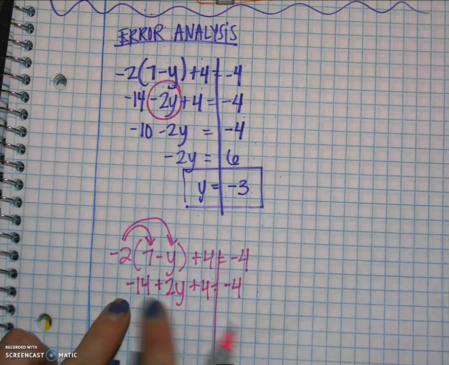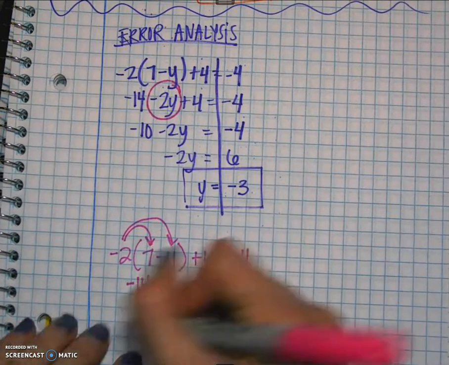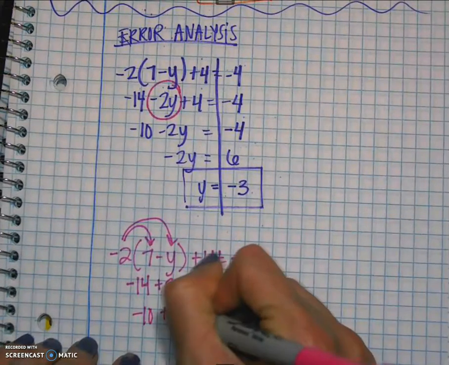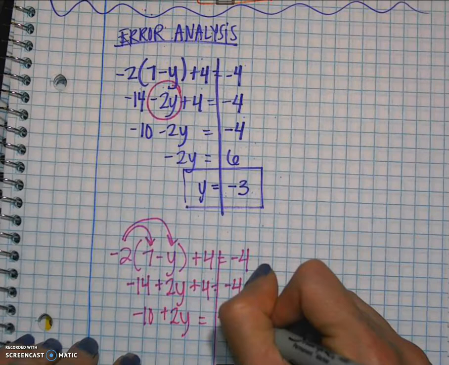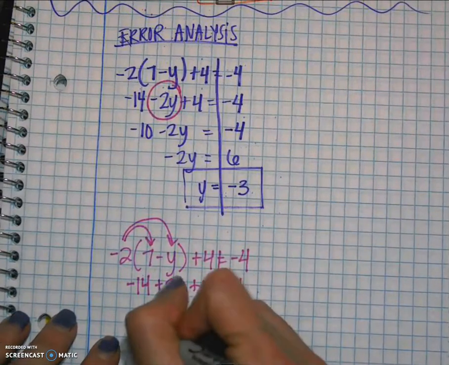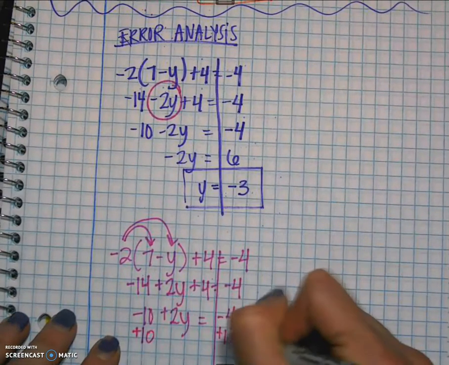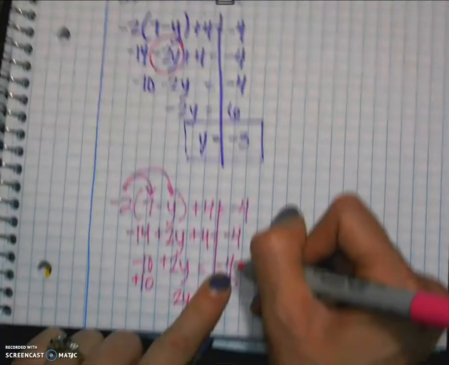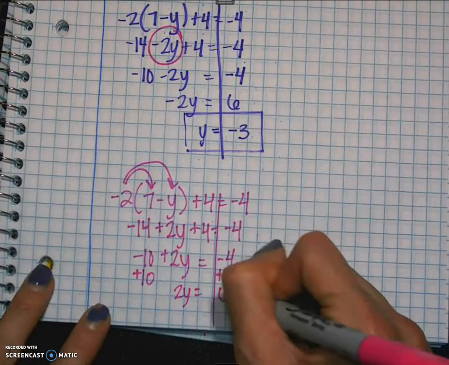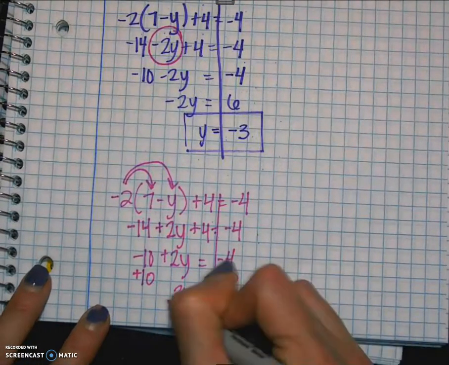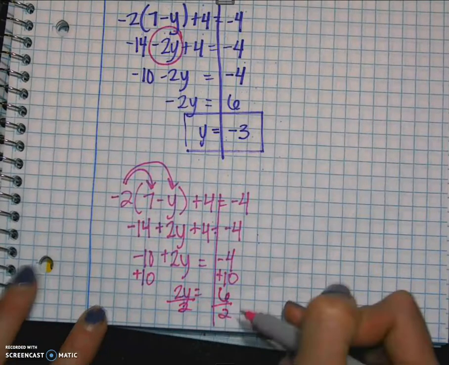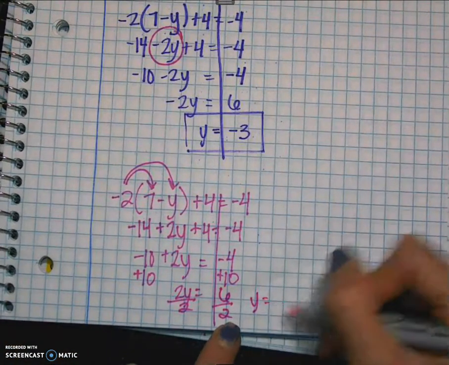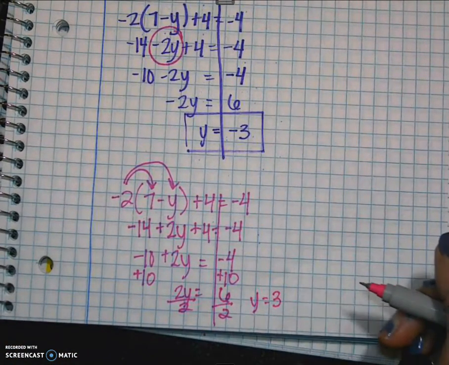Negative 14 and 4 still gives me negative 10, but remember now it's plus 2y equals negative 4. To get that to the other side, I do have to add it. I have more positives than negatives, so it is still that positive 6. Now here's the problem. This was just a 2, and if I divide both sides, my answer should be a positive 3, not a negative 3.